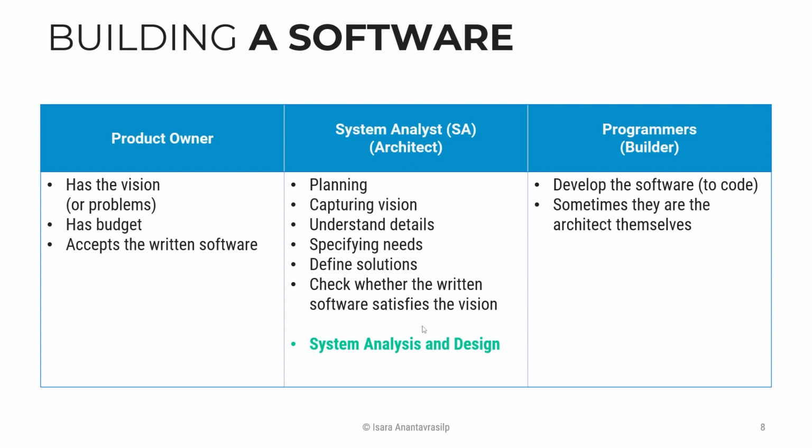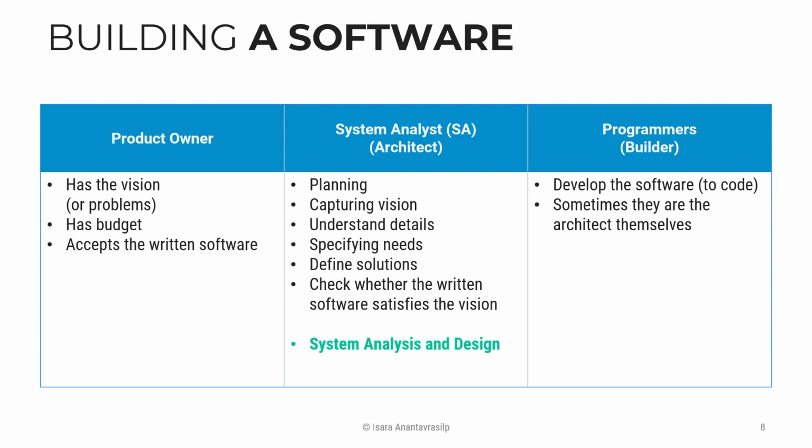And the process of doing this analysis is system analysis and design. Now, once this process is done, you're going to have the construction workers or builders or programmers that develop the house or the software, or just start coding.